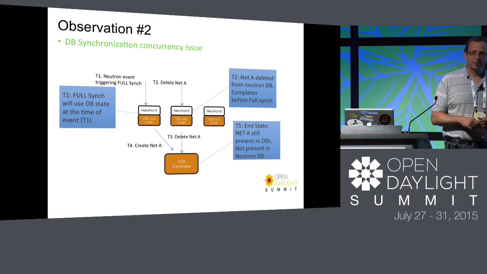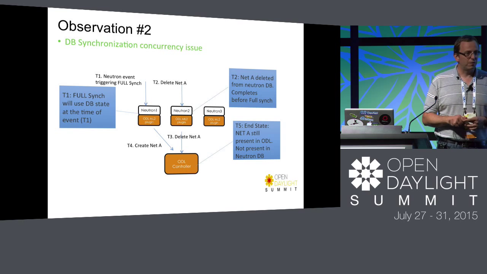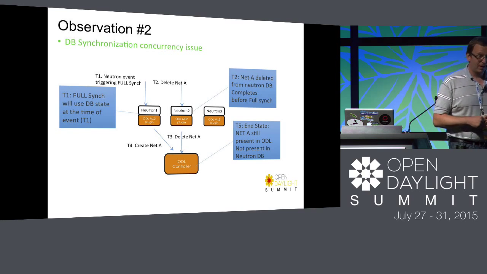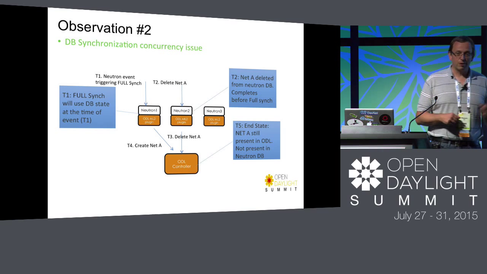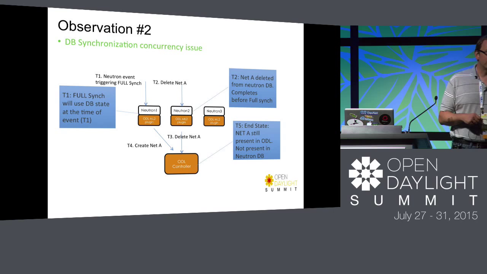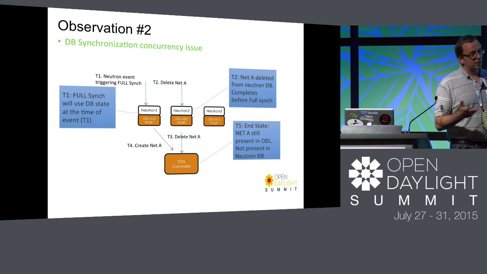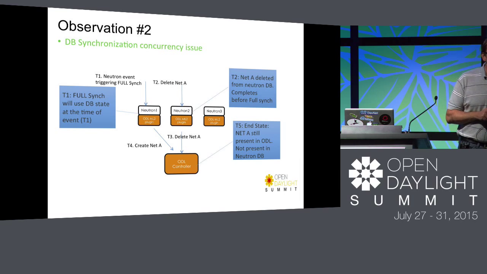It gets passed straight into ODL, and ODL is happy to remove network A from its database at time t3. Now, unfortunately, node 1 only gets to process the sync part concerning network A at time t4. And it says, hey, it's not in ODL, we're out of sync, so I better push it back into ODL.